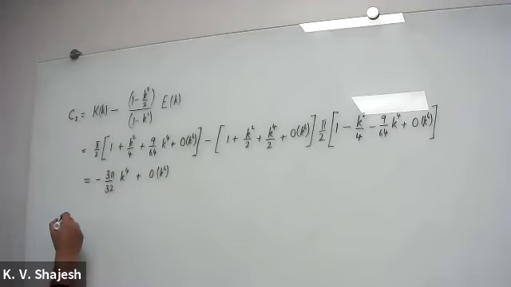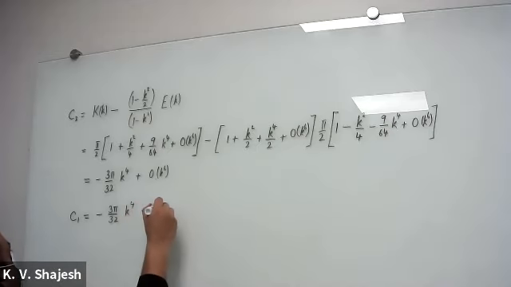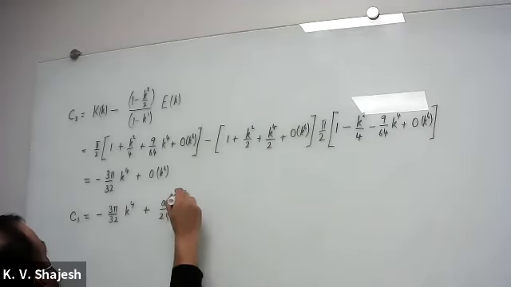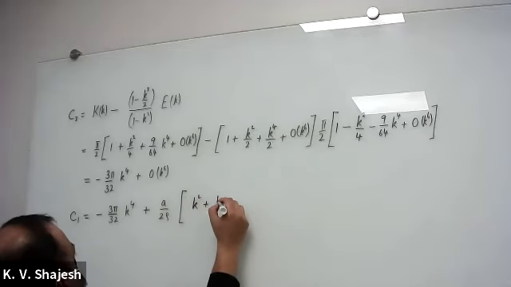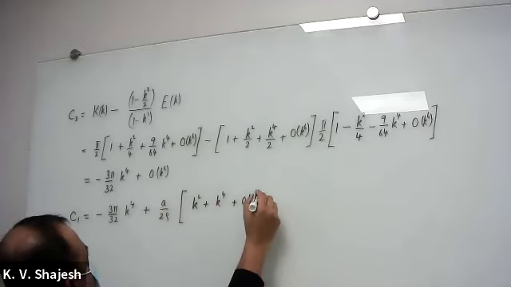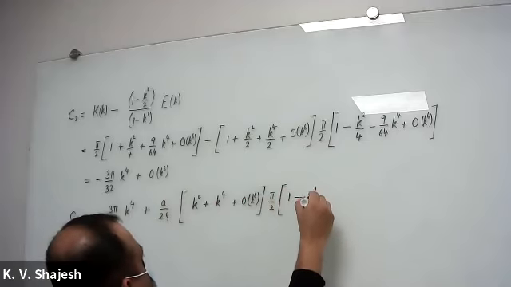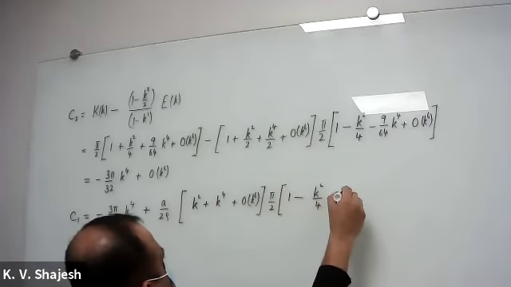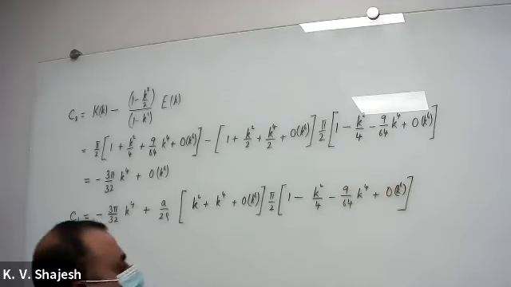So C1 will be equal to, since C2 we already know, minus 3 pi over 32 k raised to 4 plus a over 2 rho times k square over 1 minus k square, which we said is k square plus k raised to 4 plus order k raised to 6, and then we have pi by 2 times 1 minus k square over 4 minus 9 over 64 k raised to 4 plus order k raised to 6.